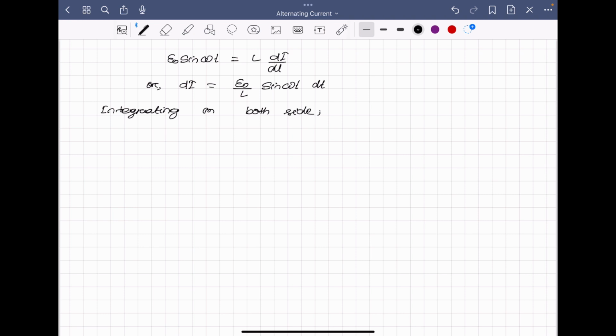What you got here? Integration of di is equal to, okay. Then integration of di is our I. Integration of E naught by L sin omega t. E naught by L is our constant. So just take outside E naught by L, integration of sin omega t dt.